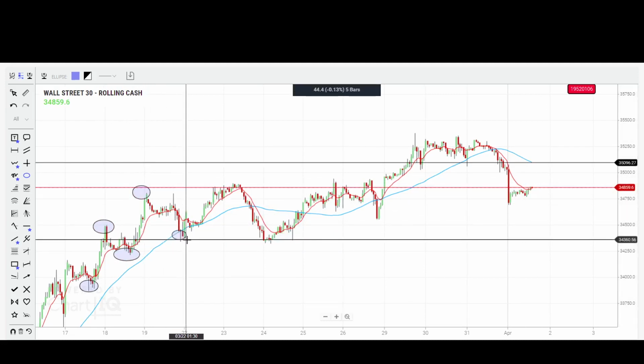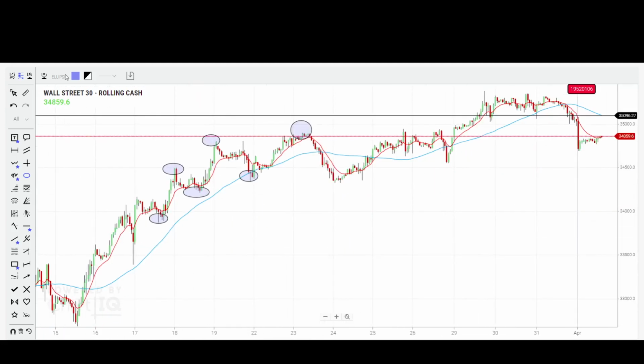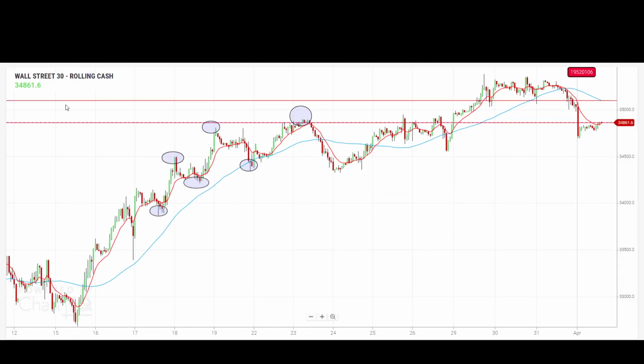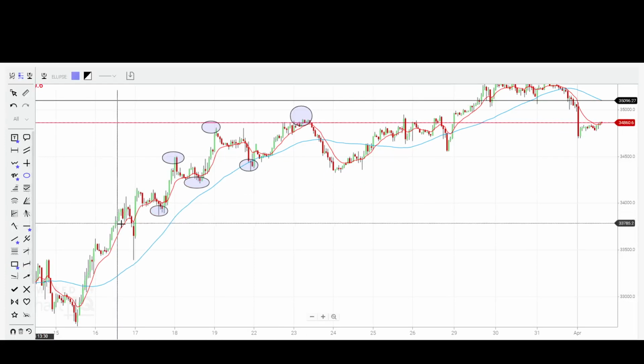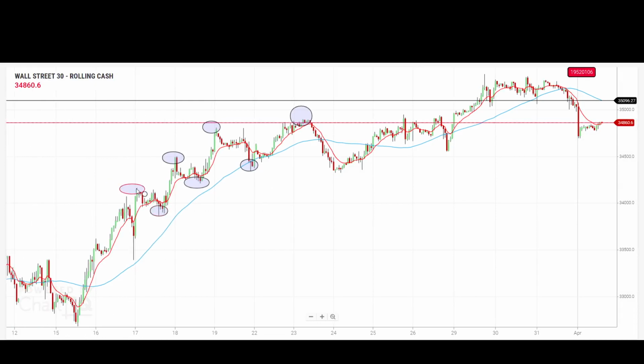Look at this. I'm marking these out for you. Okay. Right. So, one more I'll mark. Alright. So, the market made a high and a low, but this high was higher than this high. Then it made a low, but this low was higher than this low. Then it made a high. This high was higher than this high, and so on and so forth.